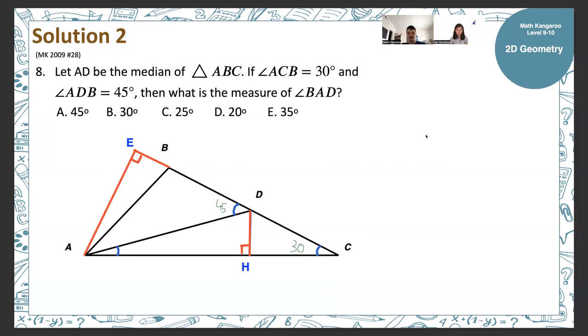I'm going to draw the altitudes. So I drew the altitude down to BC, which is also thinking outside the box, because it's outside the triangle. And I drew the altitude H down to here. It's also important to know that this is 15 degrees. You can solve it in that same exterior angle way.